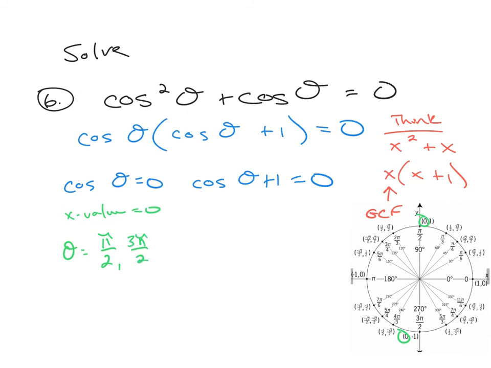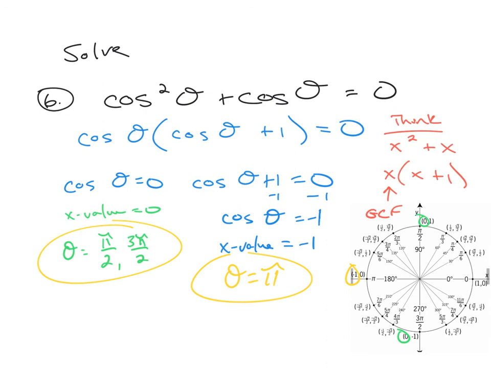And in the second one, we would subtract 1 from both sides. Cosine theta equals -1. So again, when does the x value equal -1 on the unit circle? It only happens at pi. So theta equals pi over 2, 3 pi over 2, and pi. 3 total answers.